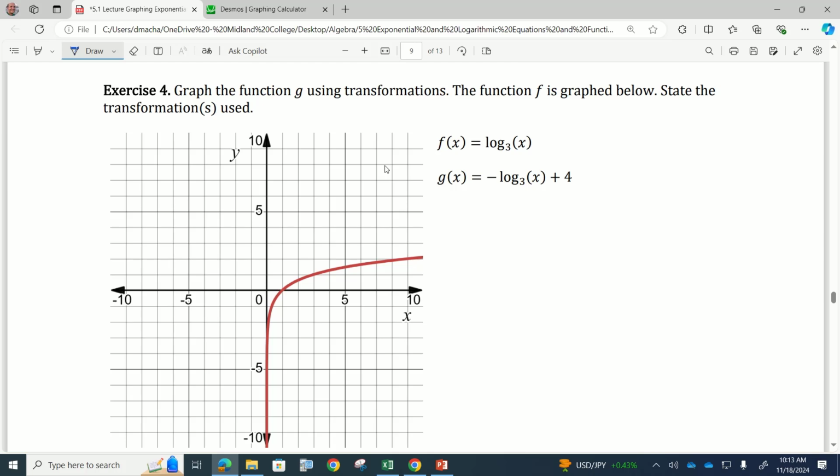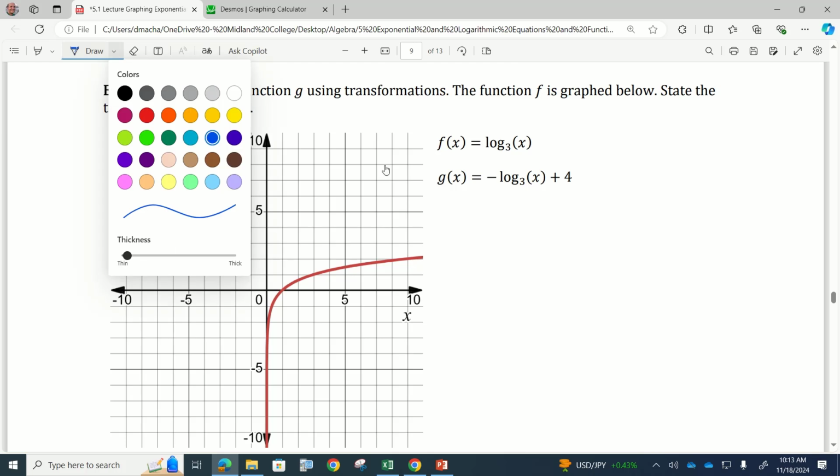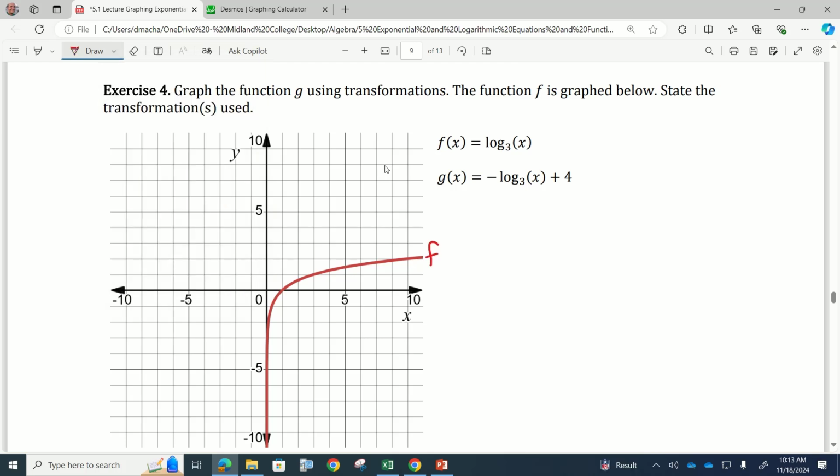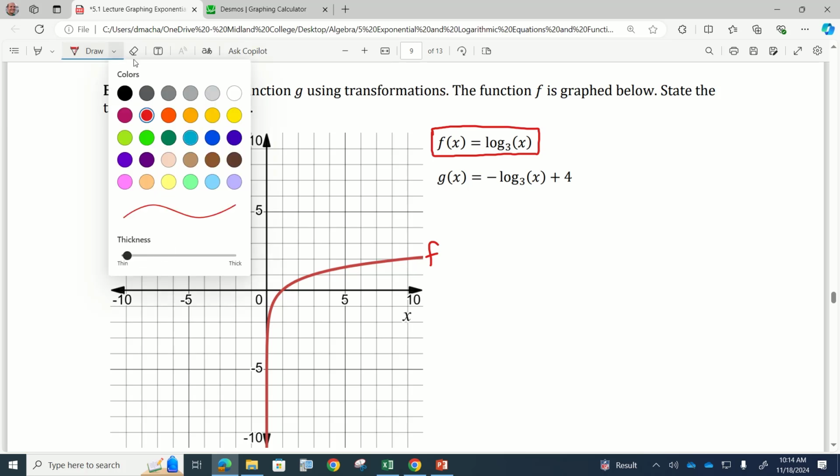Same thing with logarithms, but this time I've already given you the f function. And so really this is a question only about transformations. It doesn't really have anything to do with exponents or logarithms. You can do this with anything.